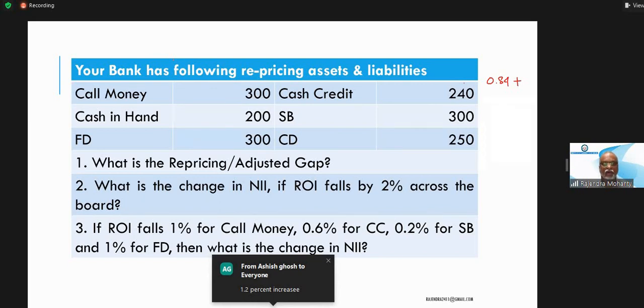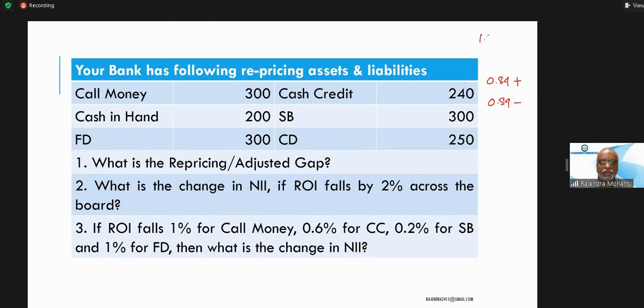Assis goes 1.2%. Okay, Assis goes is 1.2% increase. This is the amount I want, this is not percentage. Shruti is coming with 0.84 decrease. Only one person has come out with decrease now.